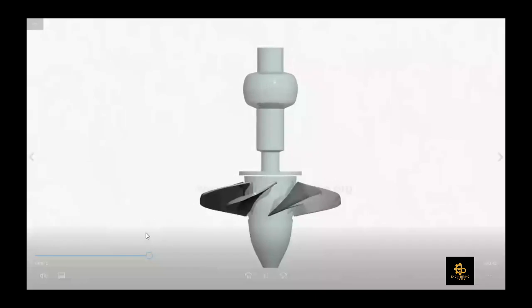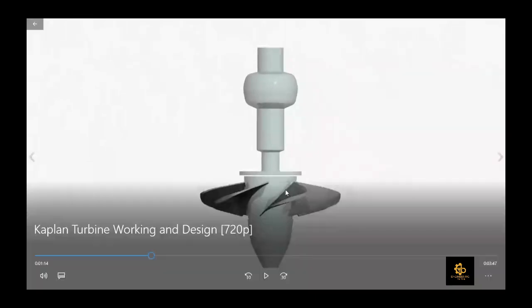Okay, so when the flow is going to strike here, there would be two components of force, one in the tangential direction and one in the axial direction. Because the flow is striking here, it would have higher pressure here and lower pressure on the bottom side. So there would be a change in pressure, and that would give a force in the tangential direction, which would rotate this blade.